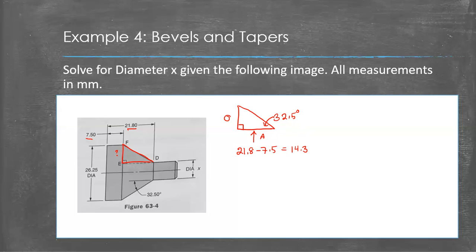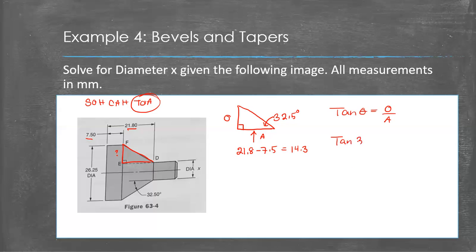Now, we don't have the hypotenuse. We don't really care about the hypotenuse. What ratio should we use? The only ratio that doesn't use hypotenuse is tan. So the tan of our angle is opposite over adjacent. So just substitute the information in.